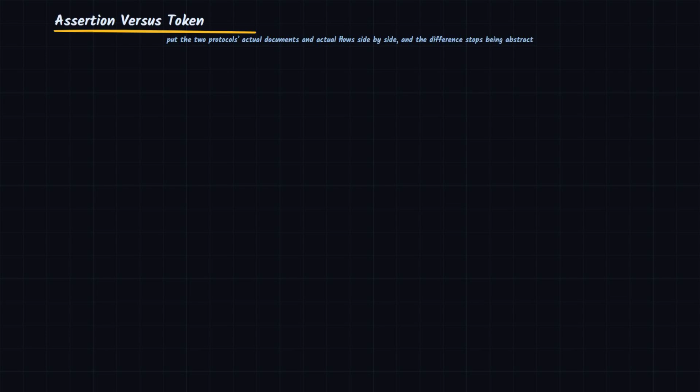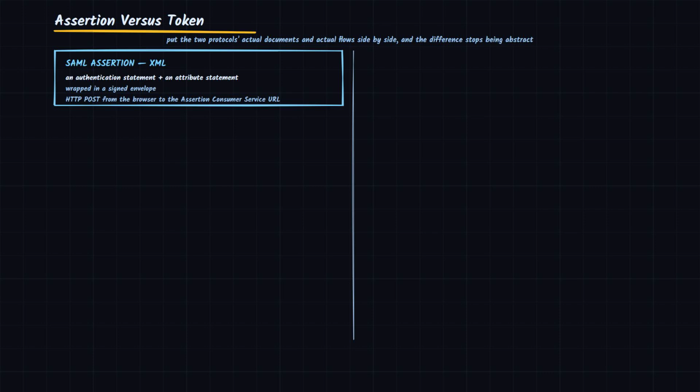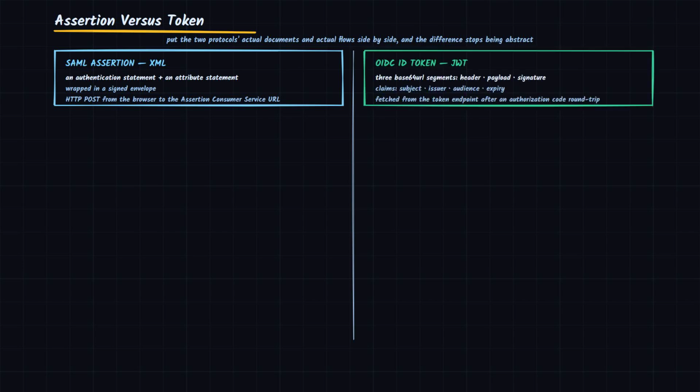Put the two protocols' actual documents side by side, and the difference stops being abstract. A SAML assertion is XML, an authentication statement and an attribute statement, wrapped in a signed envelope, delivered to the application's assertion consumer service URL via an HTTP POST from the user's browser. An OIDC ID token is a JWT, three base64url-encoded segments, header, payload, and signature, carrying claims like subject, issuer, audience, and expiry, and it doesn't arrive by browser POST at all.